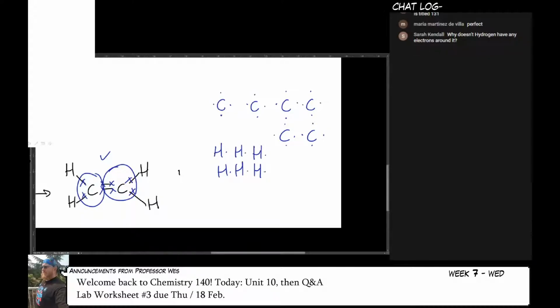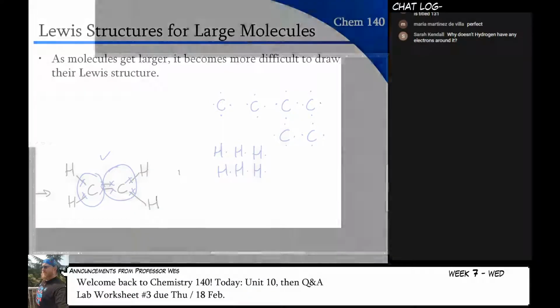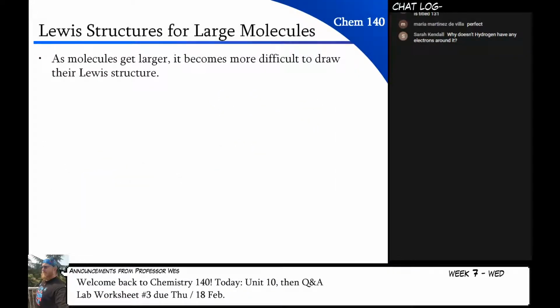And it would take a lot of tries for you to get to the correct structure. Like, that would be a miserable joke to do, right? So as molecules get more complicated, this strategy of just pairing together the unpaired electrons doesn't really work anymore. It's what's actually happening, but as far as solving the structure is concerned, that's very difficult.